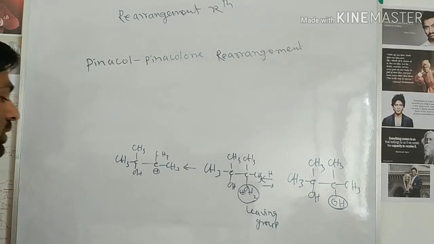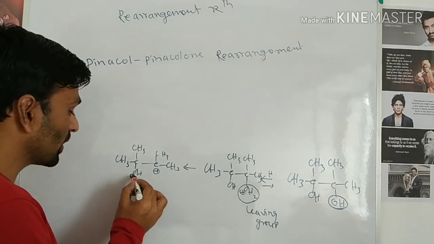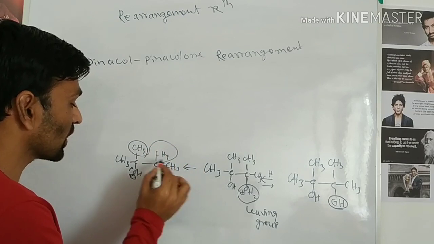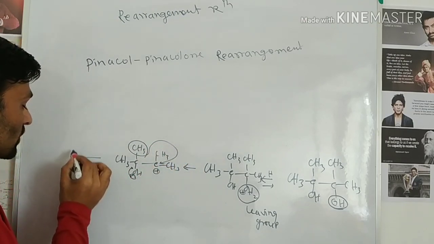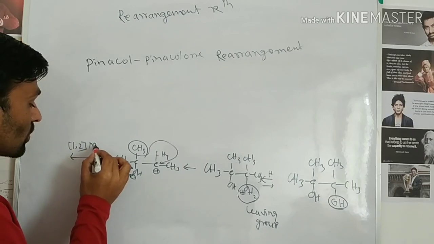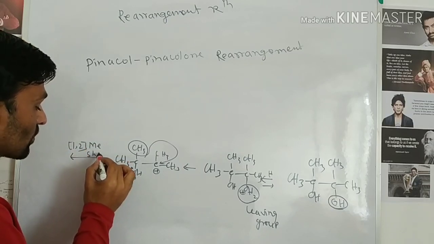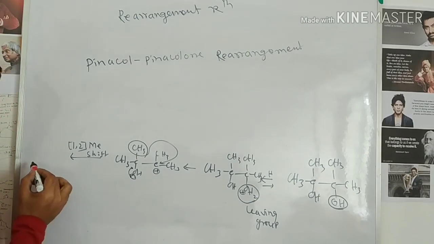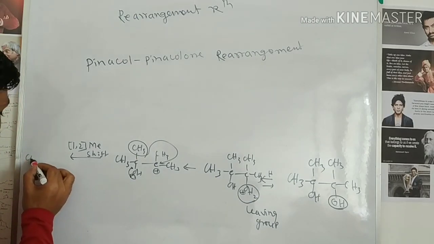Now the lone pair of oxygen pushes here, and this methyl group shifts here, and this is a 1,2 Me shift, to form the rearrangement product.